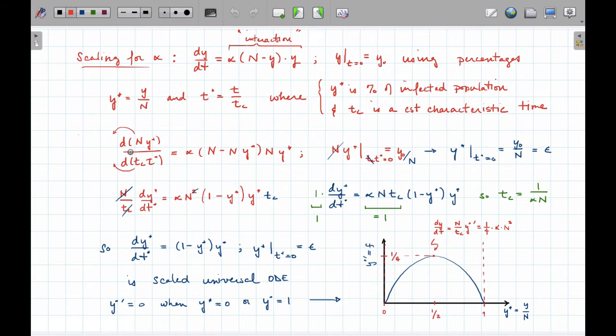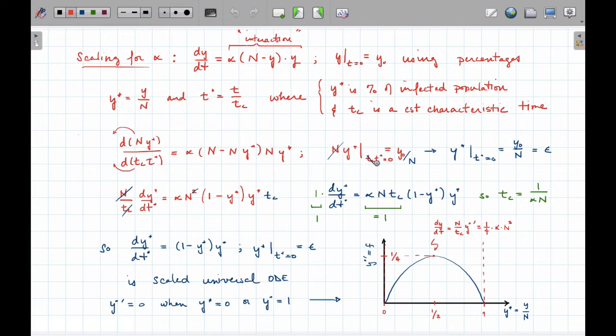So dy becomes d of n y star, and each y in the equation becomes n y star. Similarly, wherever there's a t, I'm going to replace t by what it is in terms of t star. T is tc times t star, so wherever I have a t, I'm going to place tc times t star.